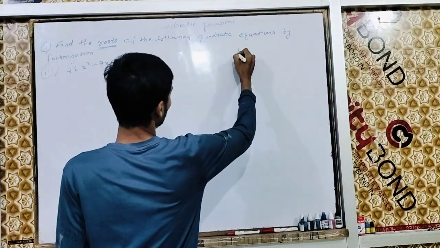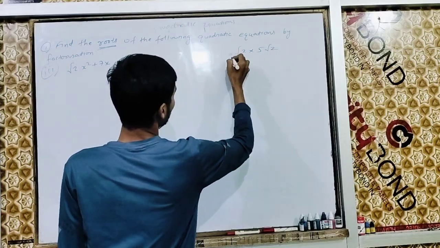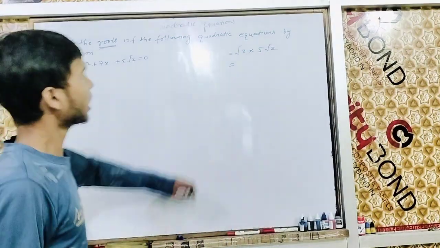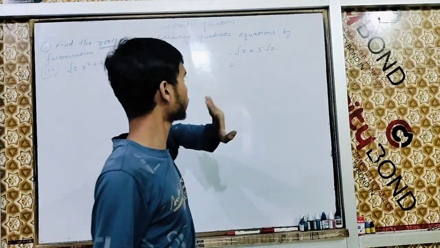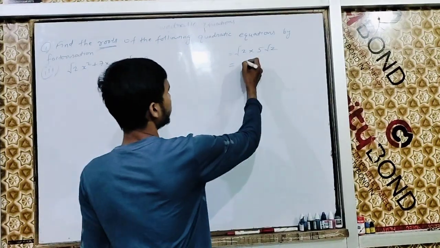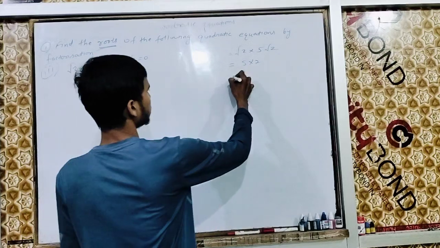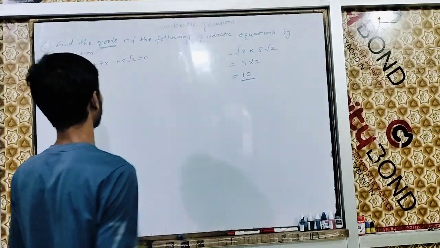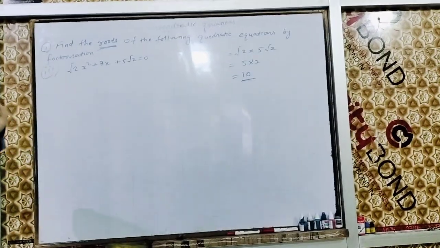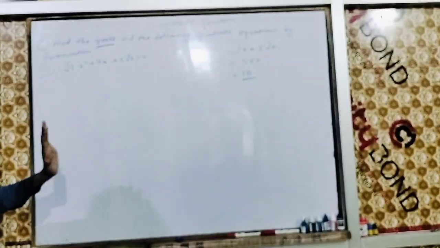If you multiply root 2 into 5 root 2, then what will happen? 2 twos are 4, and as we know 4 is a perfect square of 2, and 5 will be as it is. 5 twos are 10. So the meaning of this answer is that this is a product of this term and this term, not this.